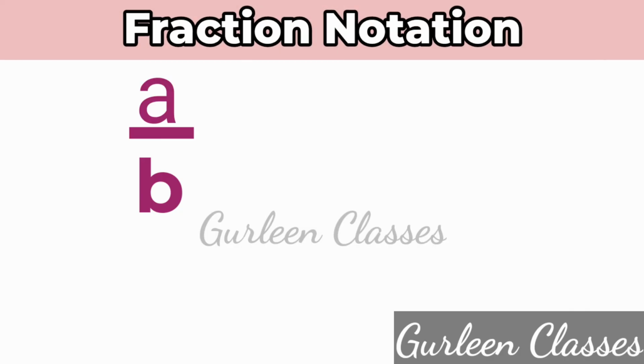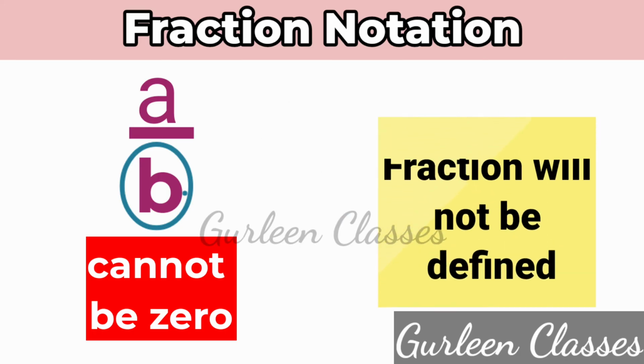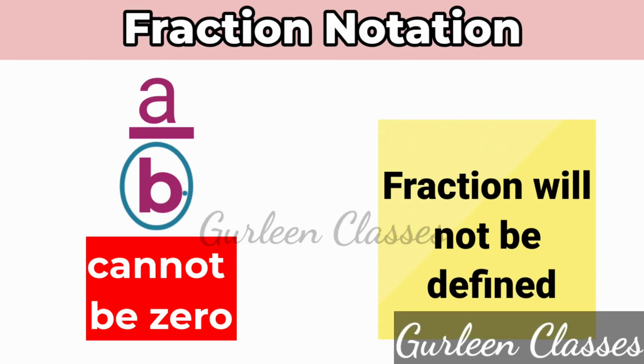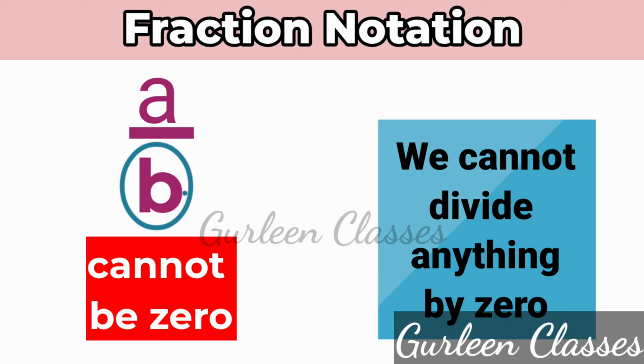The numbers in the form a upon b are fractions where b cannot be 0. But why can it not be 0? Because if it is 0, then the fraction will not be defined, as we cannot divide anything by 0.